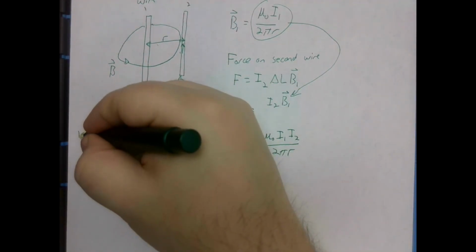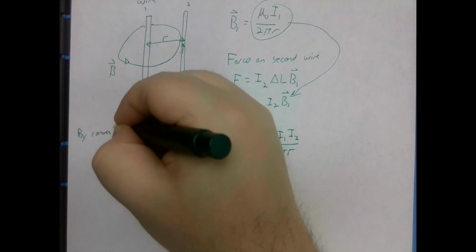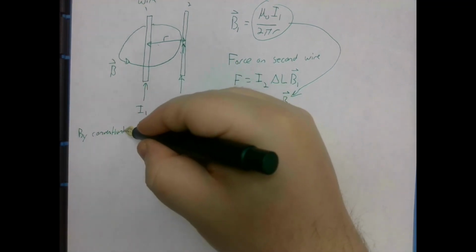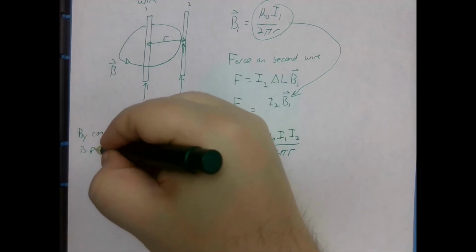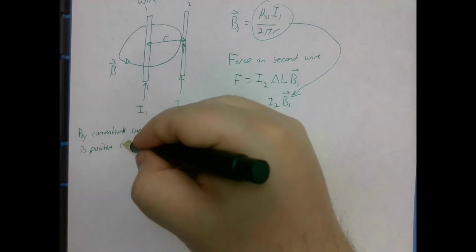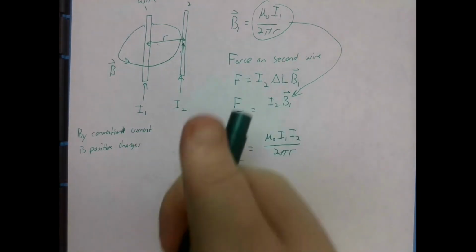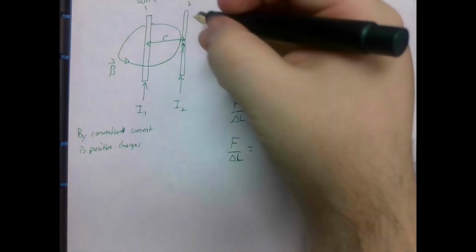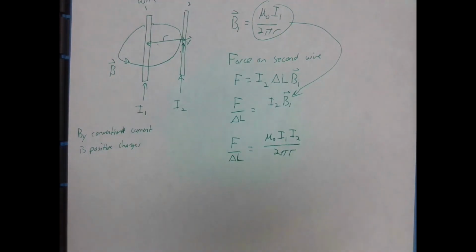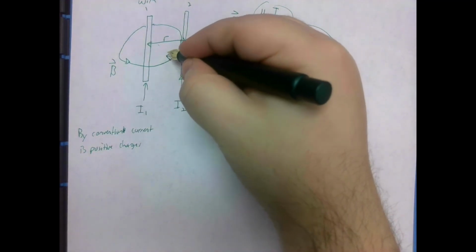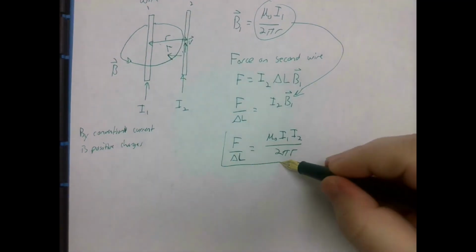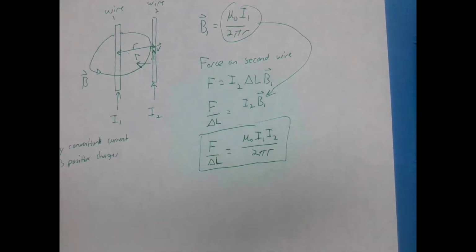By convention, current is positive charges. So it's moving in that direction, so that's our velocity vector, moving at some velocity. Current is moving downward, so my palm would be pointing inward. The force would be attractive. So we'd have a force per inch or something like that. We have so many newtons per meter.